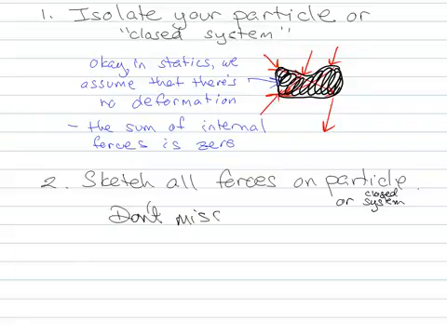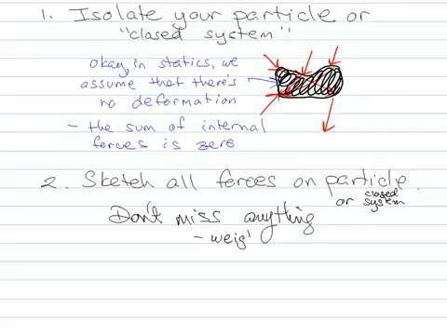That's kind of like, duh, but no, for real, don't miss anything. Make sure that you've got the weight of the particle, because sometimes that's something that we miss. And make sure you've got the weight in terms of force. So if it's already in pounds, don't multiply it. If it's in kilograms, be sure to multiply it to get it into newtons.